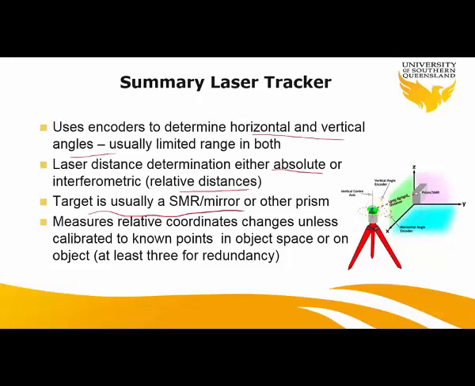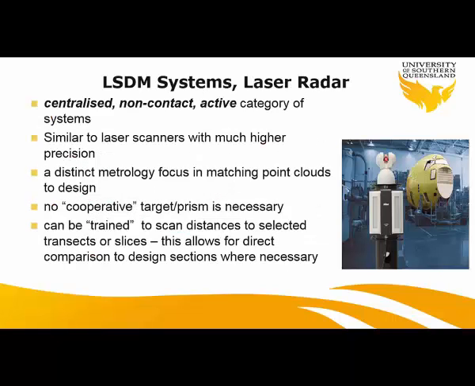It also measures relative coordinate changes, unless you have 3 known points, either in object space or on the object, which are calibrated and have good precise coordinates, and then you can get the coordinates of the point.